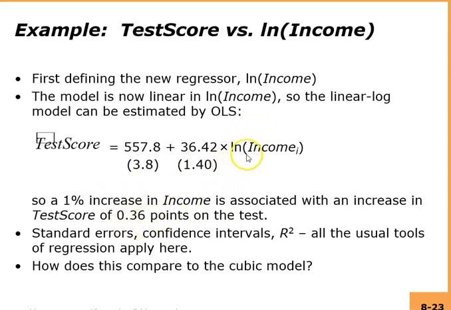If you are at a higher level of income, a 1% change in income will amount to a greater absolute change in income. But even in that case, the change in test score will remain the same, which will be 0.36 points. So this actually shows non-linearity in the relationship between income and test score, but linearity in the relationship between log of income and test score.